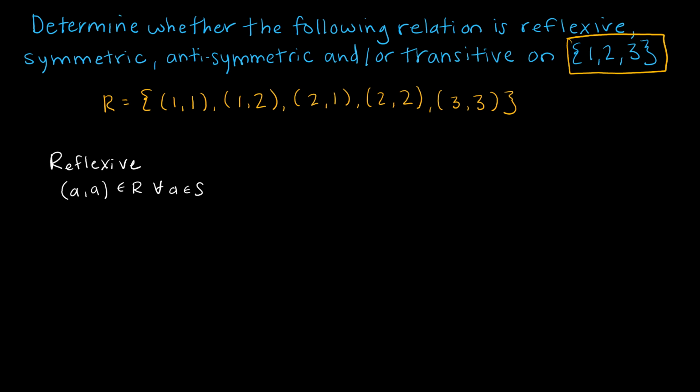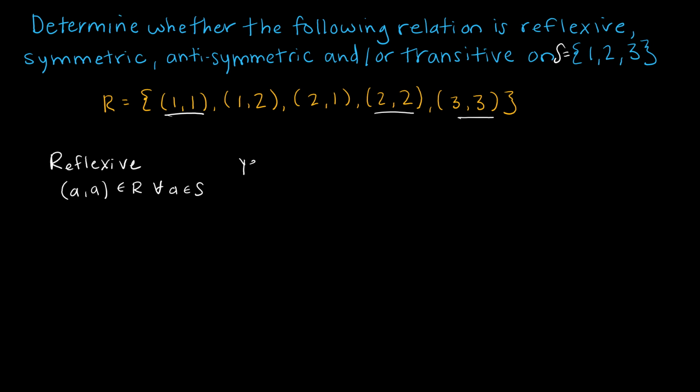My set contains 1, 2, and 3. This is my set. And so all I have to do is check, does it contain 1, 1, 2, 2, and 3, 3? So if I take a look at my relation, 1, 1, 2, 2, and 3, 3 are in fact in the set.